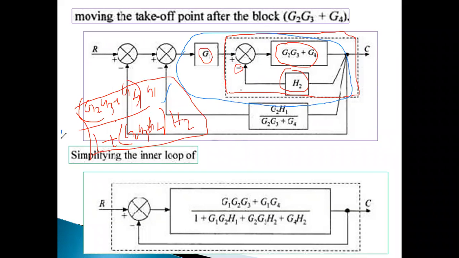Okay, now this becomes G. This entire thing becomes H. Again, try to use the same formula G by 1 plus GH and try to simplify that one. So finally, after reducing, okay, G by 1 plus GH, reduce the entire thing. So you will get this.